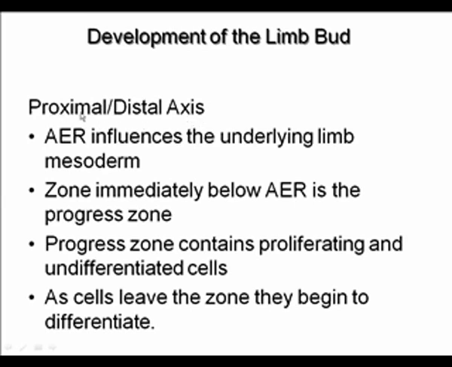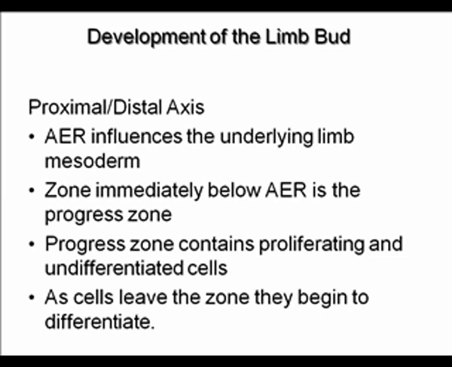When we talk about the proximal to distal axes, we have to talk about the apical ectodermal ridge, because that is going to initially influence the underlying mesoderm. One of the ways it influences that mesoderm is that it takes the mesodermal cells beneath the apical ectodermal ridge, and those cells begin to proliferate.